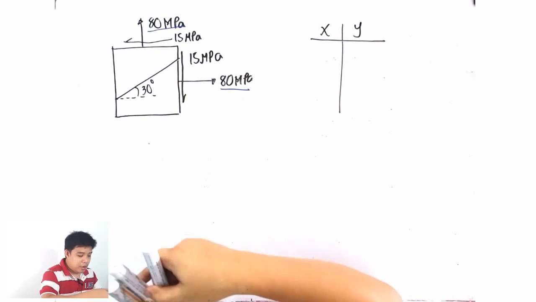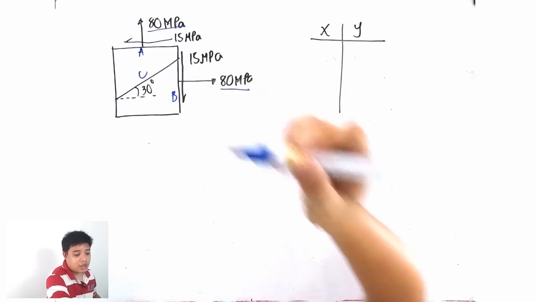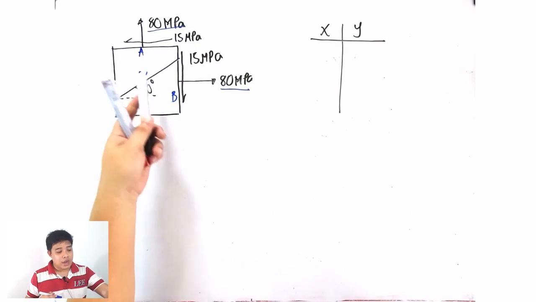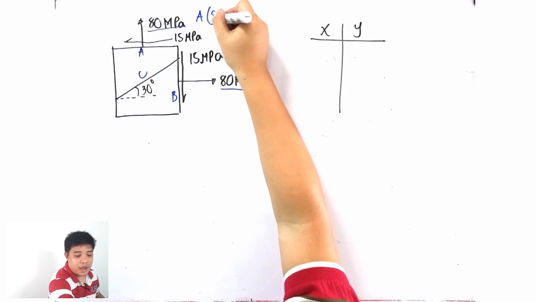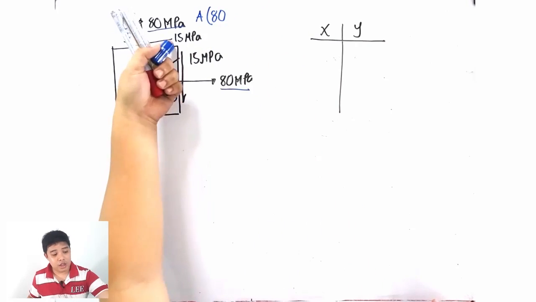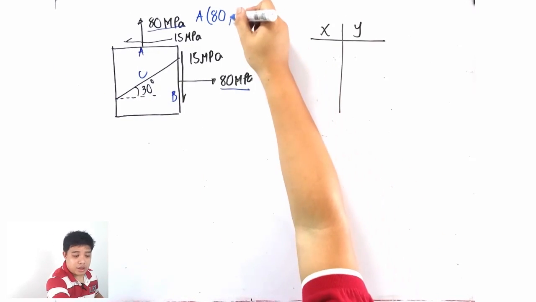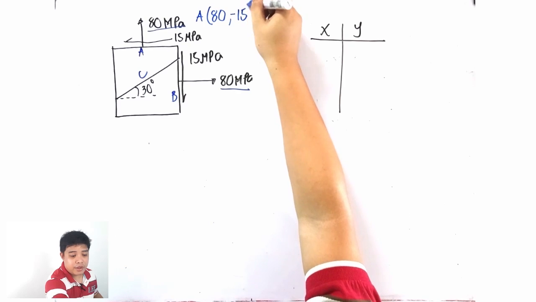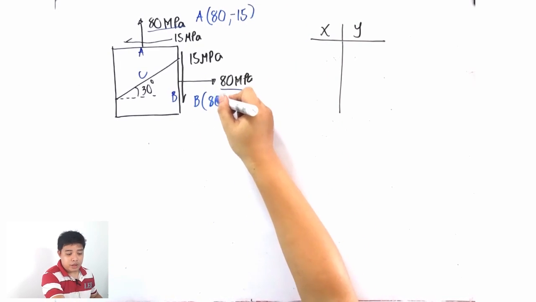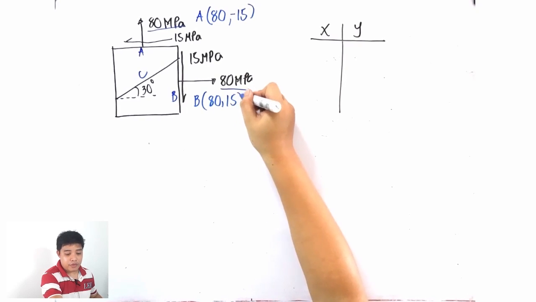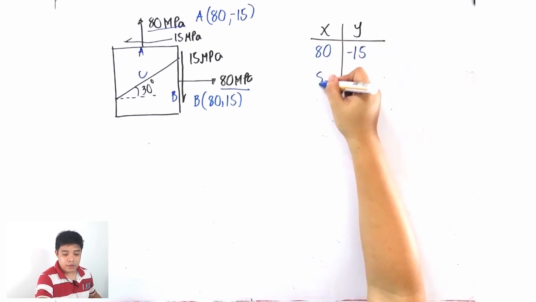Let me call this plane A, this one plane B, and this plane C. Plane A will give you the coordinate 80, and since the shear tends to rotate the body counterclockwise, this is negative 15. And for plane B, that would give you positive 80 and positive 15.